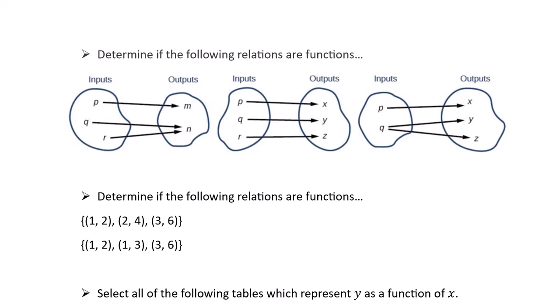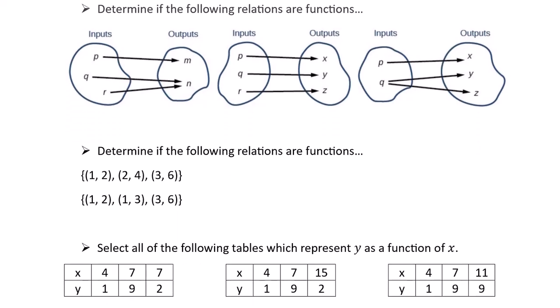Determine if the following relations are functions. Here I have this schematic diagram of inputs and outputs. I see this input is getting routed to exactly one output.